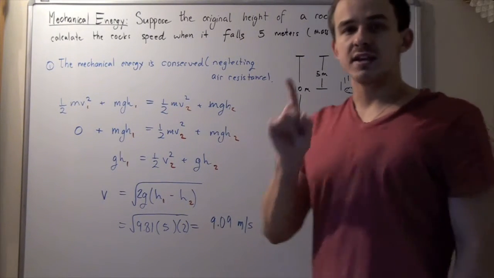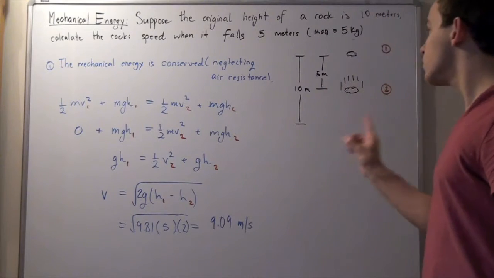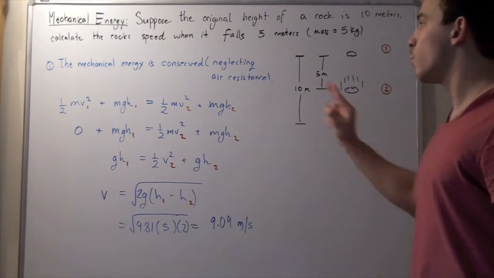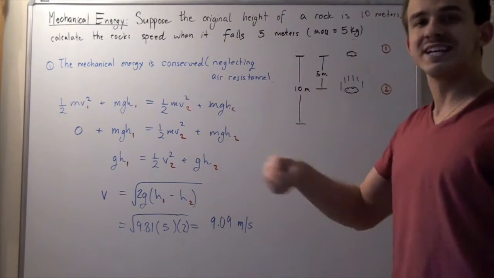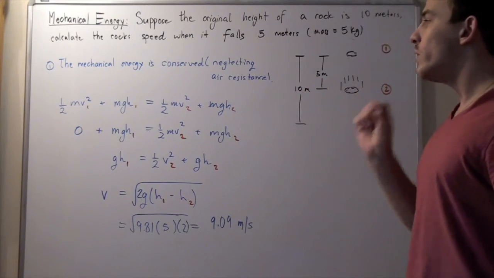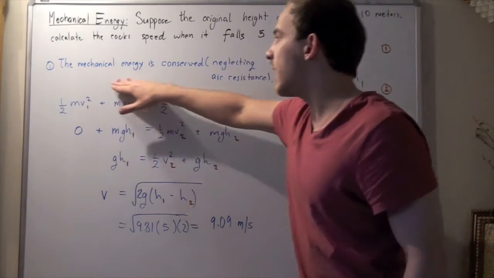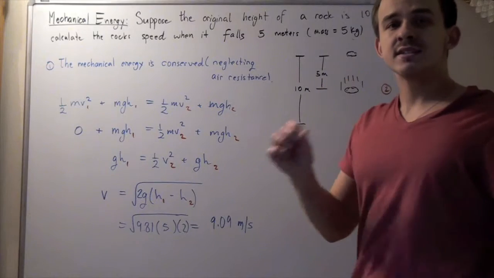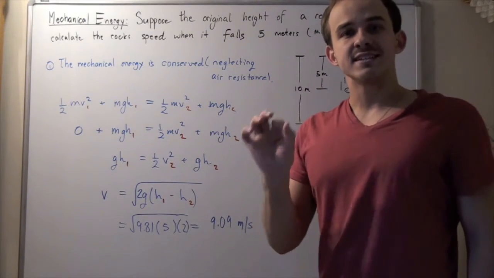Now we're going to make the assumption that no air resistance exists, and that means if we're neglecting air resistance, which is a non-conservative force, we can say that the mechanical energy of the entire system is conserved. In other words, it stays constant.